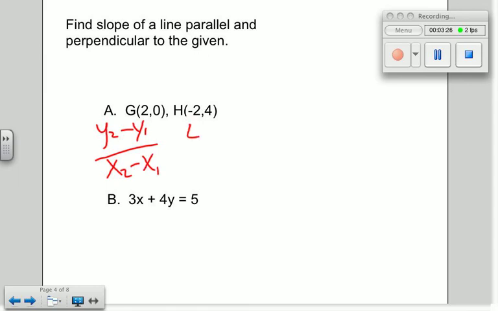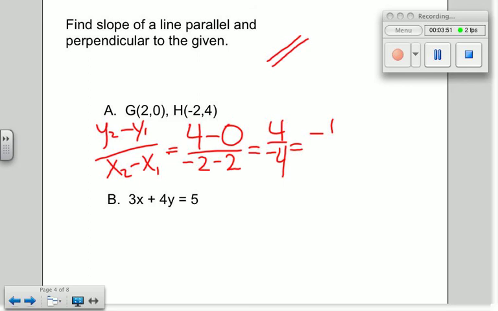So we take 4 minus 0 over negative 2 minus 2. We'll go ahead and solve and find what that slope is. It's 4 over negative 4, which we can reduce to negative 1. Now, the mathematical symbol for parallel is these train-track-looking lines, like an equal sign at a slant.